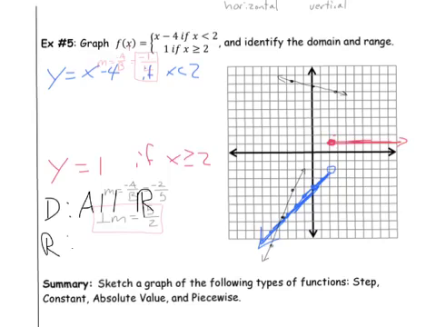Well, the range starts from negative infinity and goes all the way to, I'm sorry, negative 2. And it's not included, negative 2, so I'm going to use a parenthesis. And then it starts up again at y equals 1, and it's just 1, right? It doesn't go up anymore, so I'll just put another bracket around it.